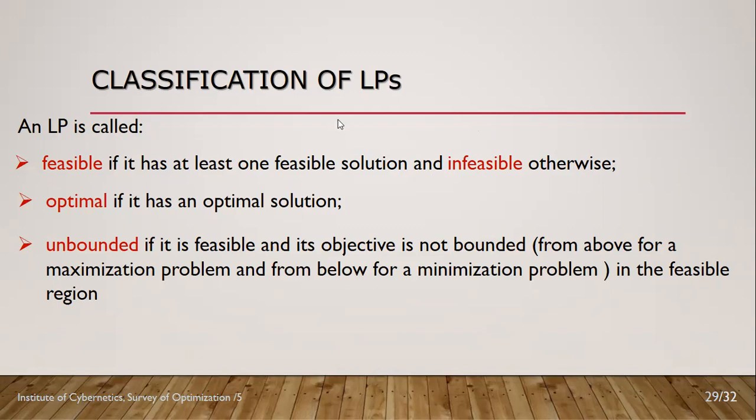If the LP is feasible, then in some cases we have an optimal solution. We say that the LP has at least one optimal solution, and we call it an optimal LP. This is one type which we have for feasible LPs, and actually this is what we had with the original Heavenly Pouch problem.